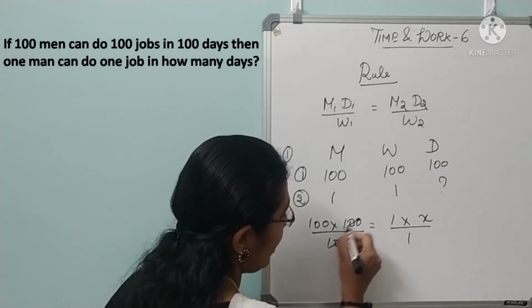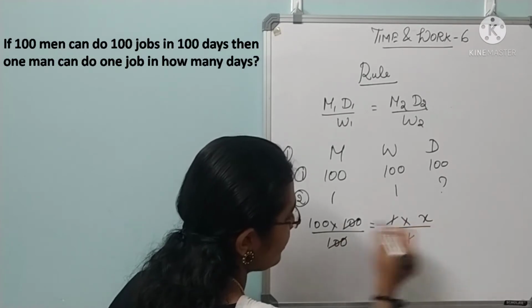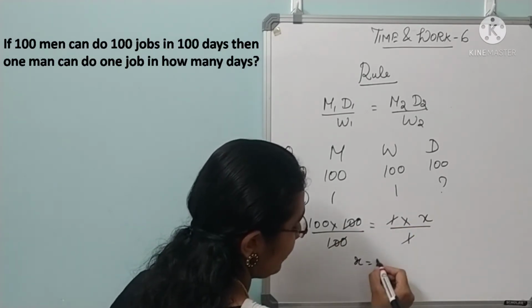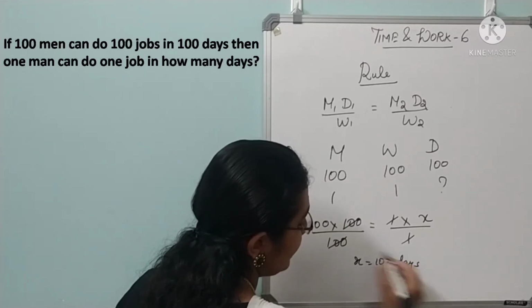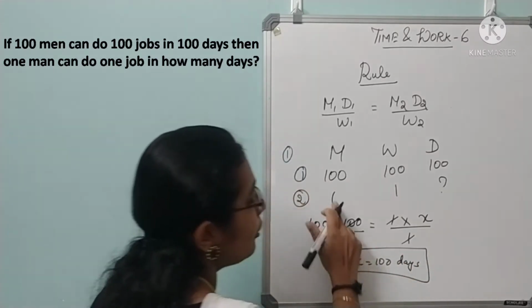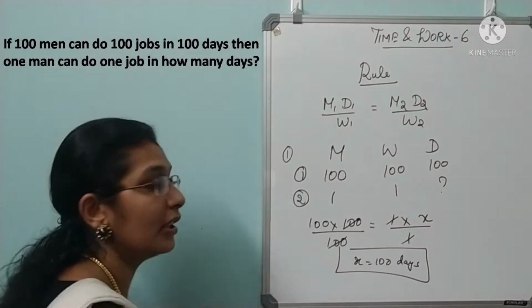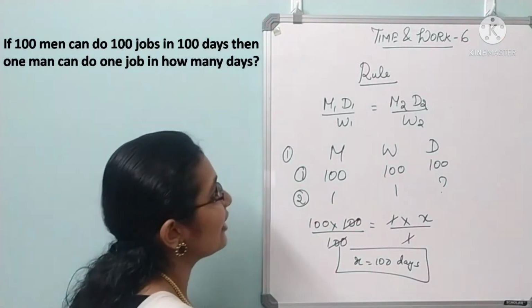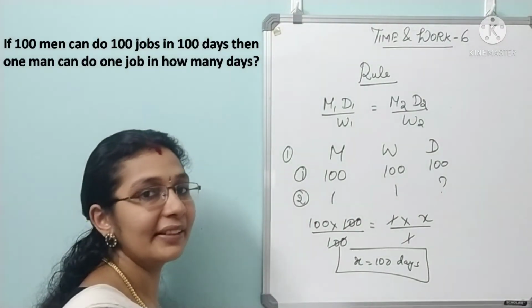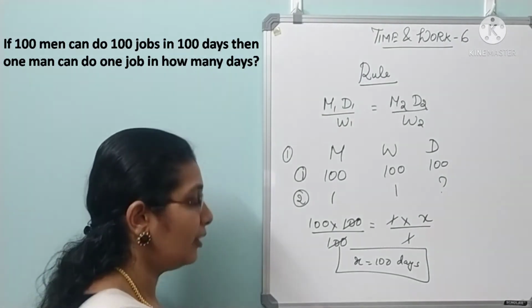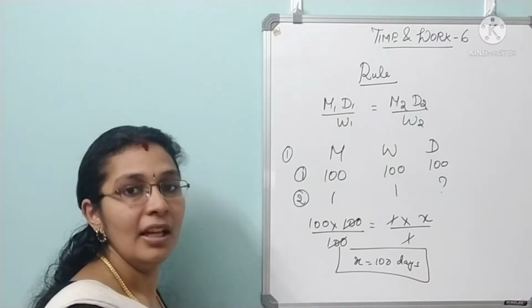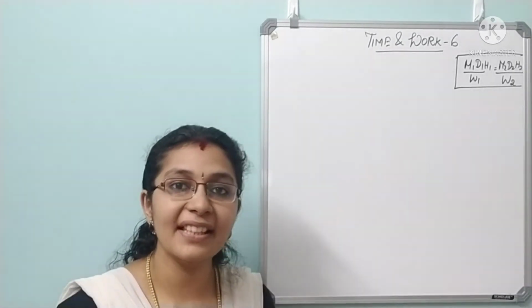So 100 and 100 cancel, 1 and 1 cancel, so X is equal to 100. So it takes 100 days for one man to complete 1 unit of work. Just hearing the question, you may think that one man can take 1 day to complete the work, but no, actually it is 100 days. Now clear? So here is our next question.